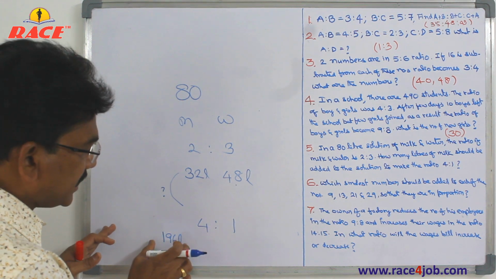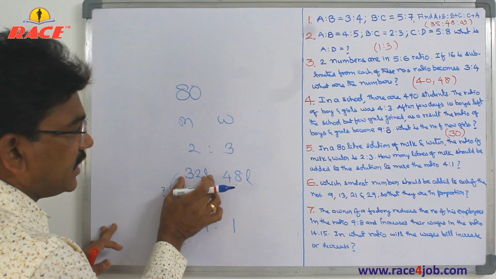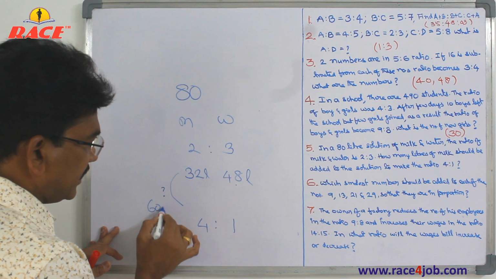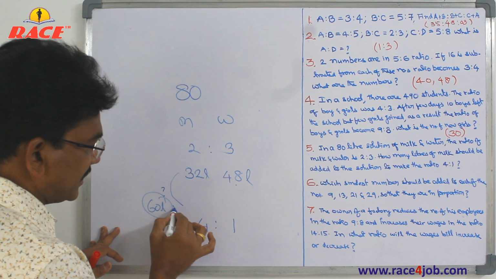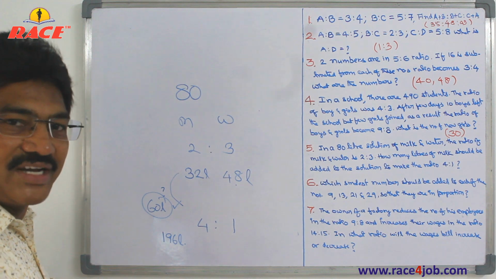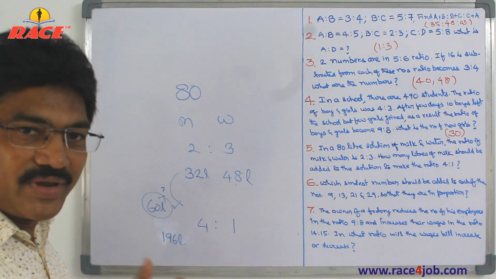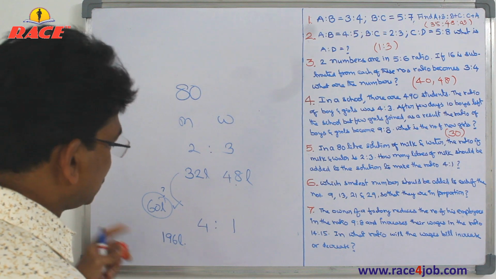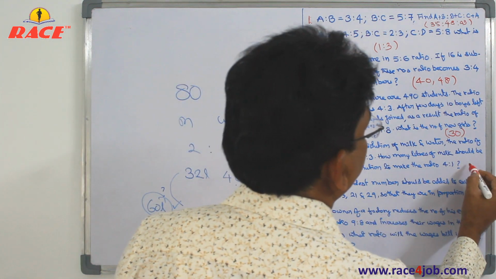Okay, now the milk is 196. Earlier milk was 32 liters. How much milk we have added? 60 liters of milk we have added is the answer. Not 60, 160. 160 liters of milk we have added.